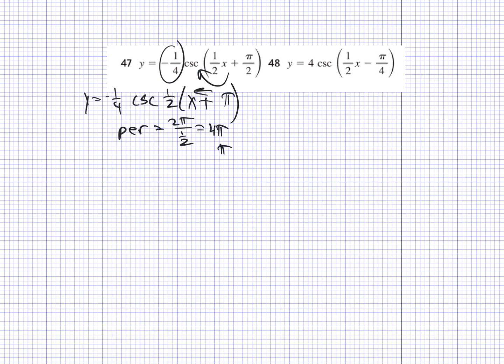We've got to shift to the left by pi. This makes it much easier when they are all shifting and all the increments are the same. So we'll just say every box is pi. So this will be negative pi, 0, then pi, 2 pi, and 3 pi. And we put our asymptotes in for the cosecant.